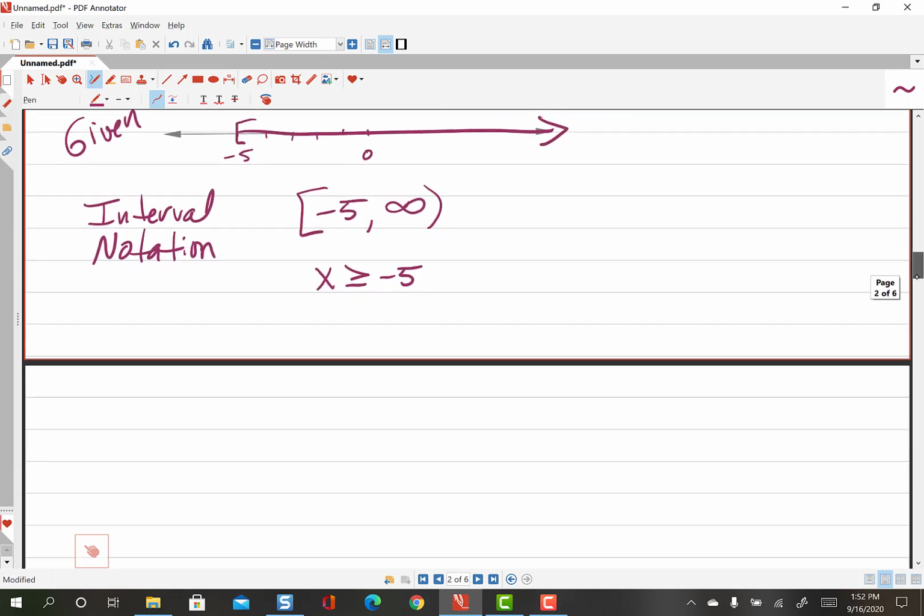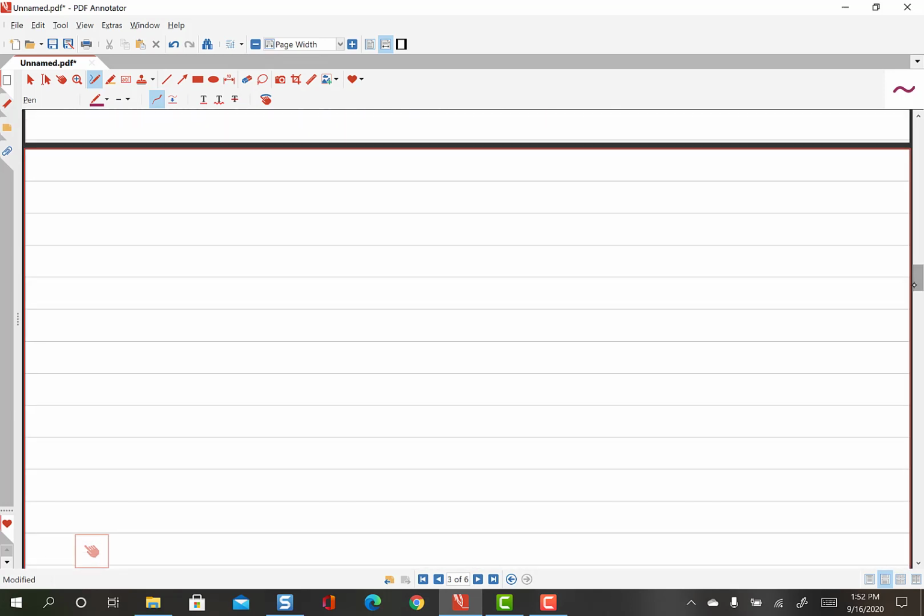All right. Let's try one more where you're given the number line graph, and see if we can come up with the inequality and the interval notation. Let's say this is 0, this is 5, and this is 10 here. So let's say I have something that looks like this.